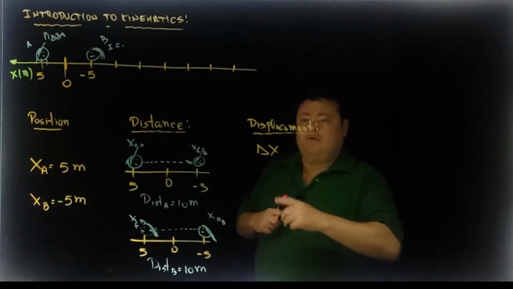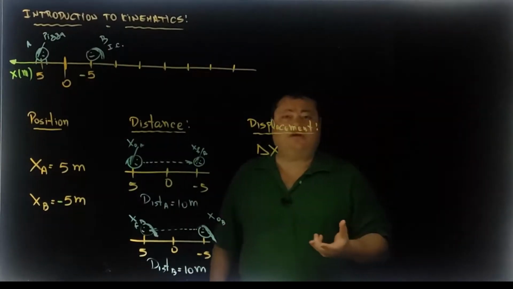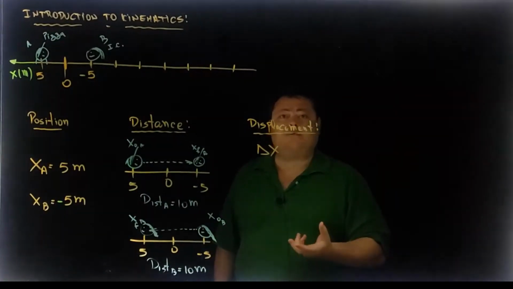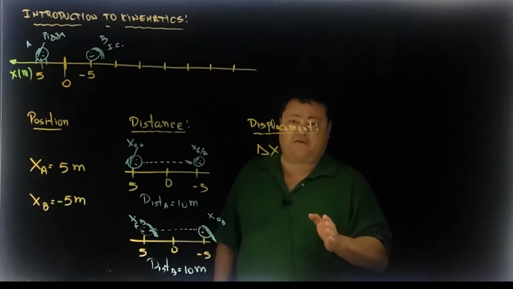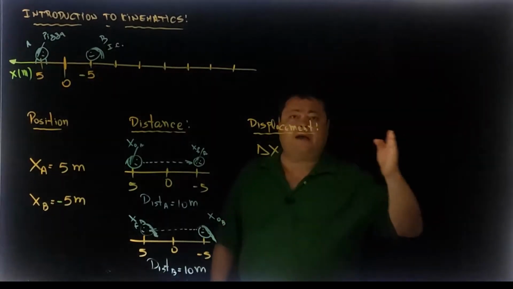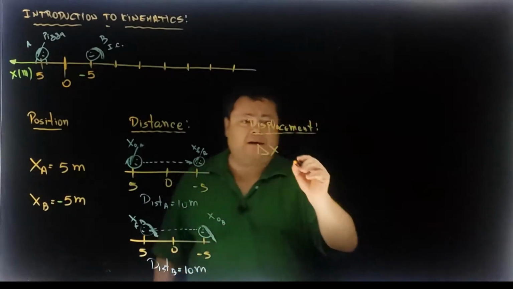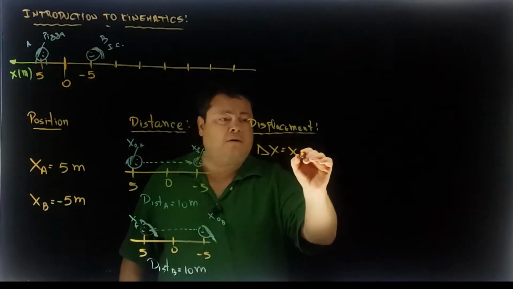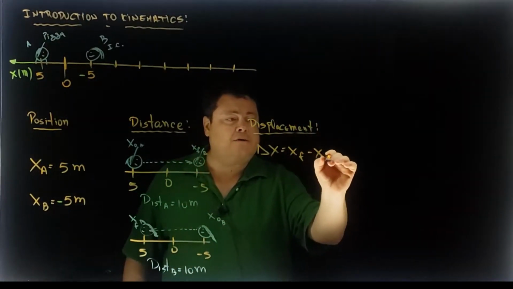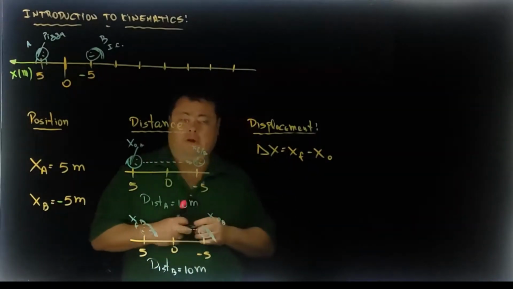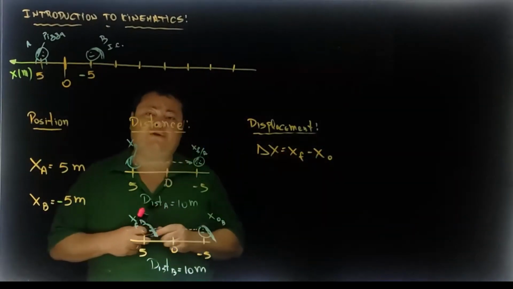So delta represents change. It's an operator in science, represents change. And it's always defined as final minus initial. So delta x is always going to be x final minus x initial. Final position minus initial position.